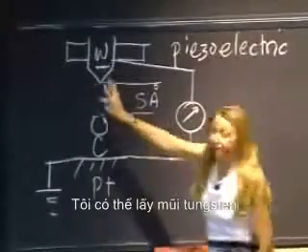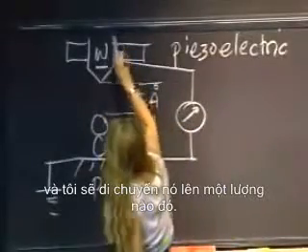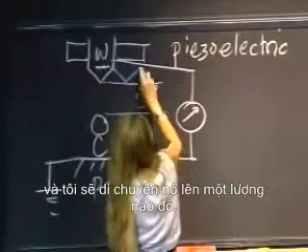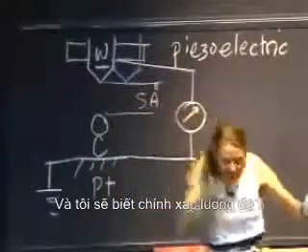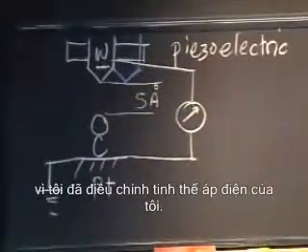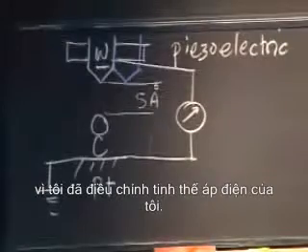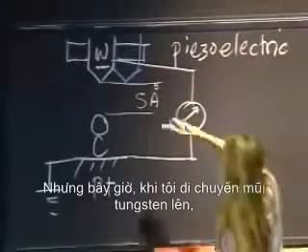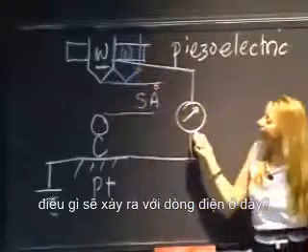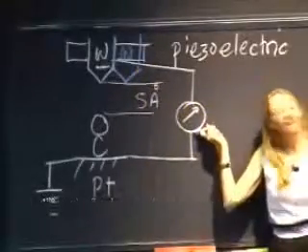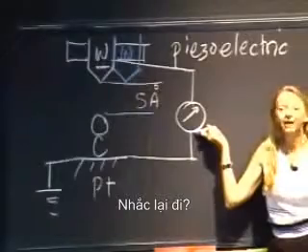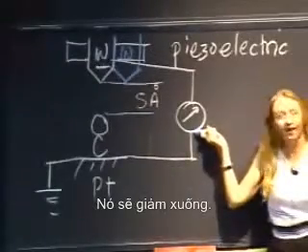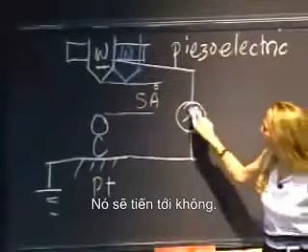So I can take the tungsten tip and I'm going to move it over by a certain amount. And exactly, I'm going to know what that certain amount is because I've calibrated my piezoelectric crystal. All right, but now when I move that tungsten tip over, what's going to happen to this current here? Pardon? It's going to go down. It's going to plummet. It's going to go to 0.